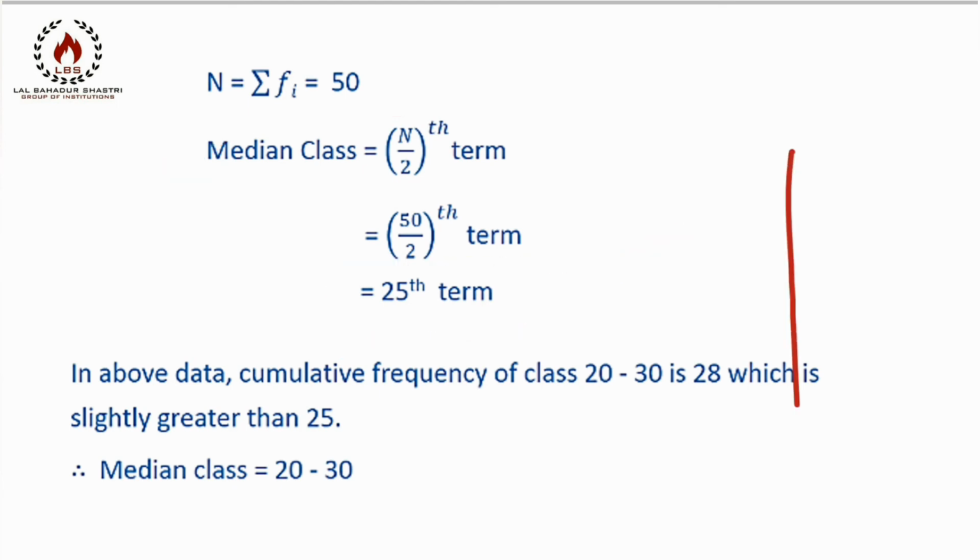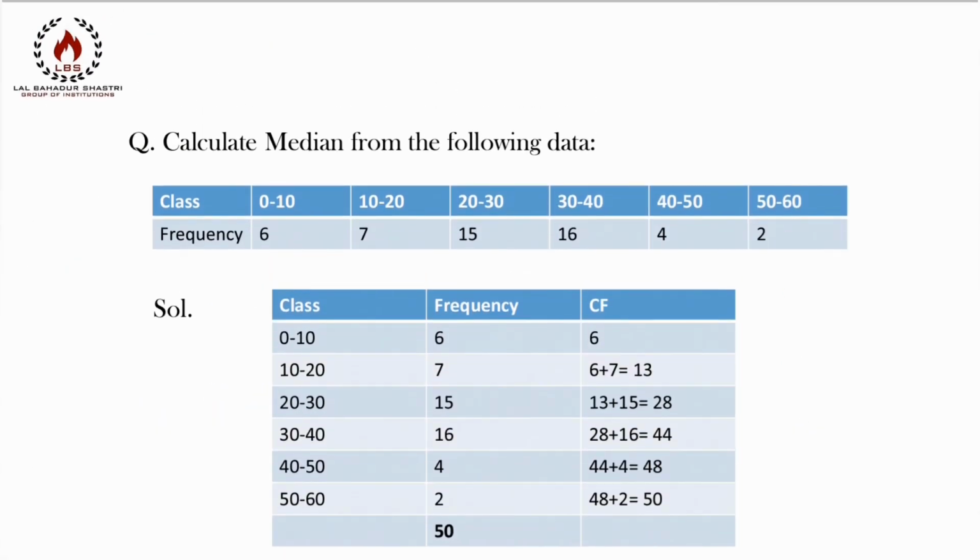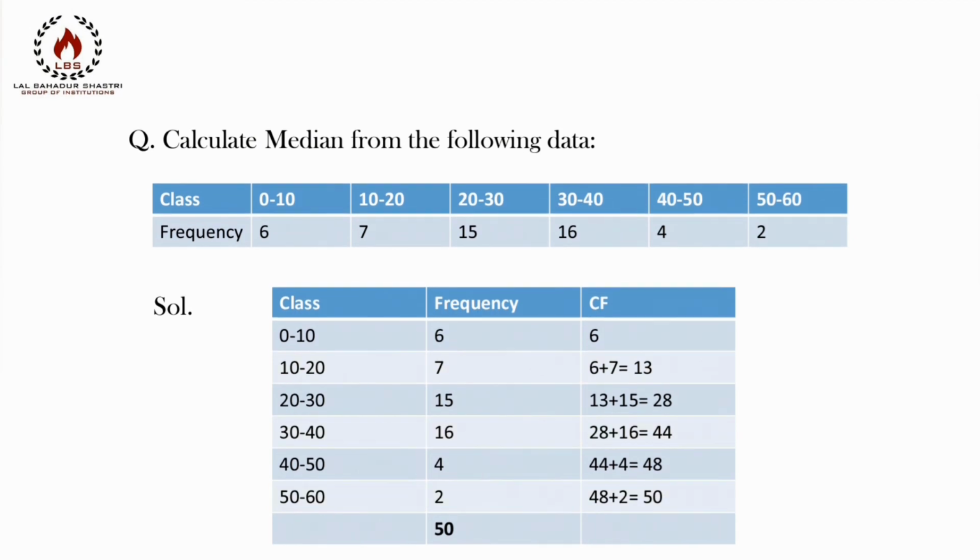We'll search for this term in the cumulative frequency. Either we'll get 25, or we have to take the number which is immediately higher than 25. Can you find 25 here? In this case, no. So the number immediately higher than 25 is 28. So our median class is 20 to 30.